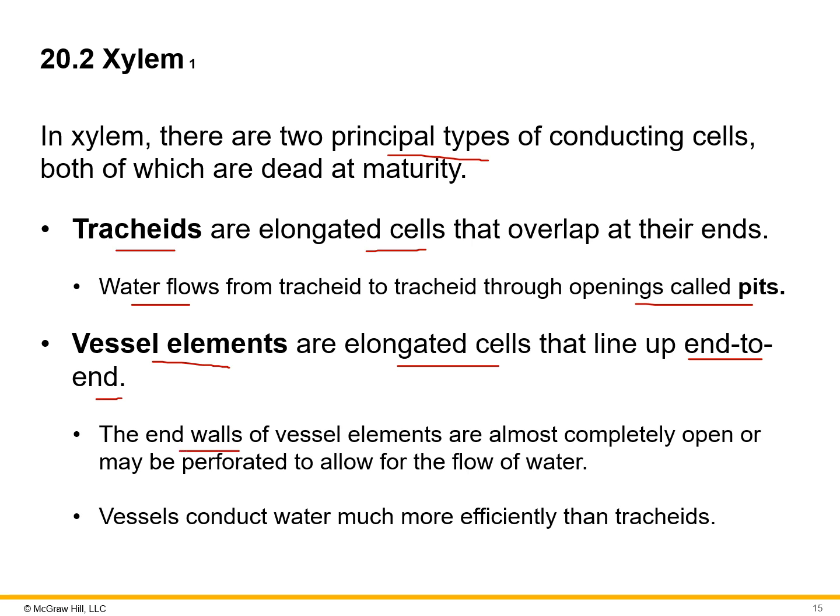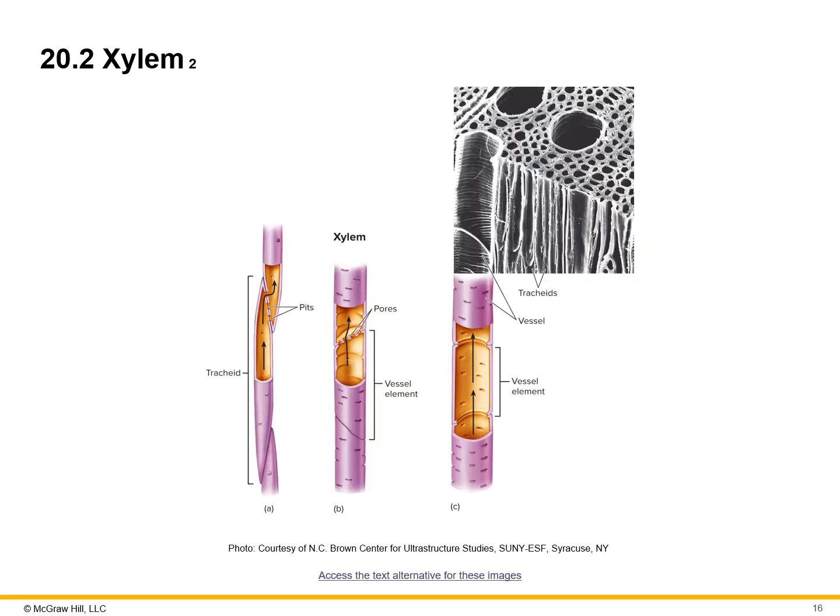And then the end walls are almost completely open, or maybe just a little perforated, and that allows water to flow from one to the other. So the vessels here that have these blunt end-to-end connections are much more efficient at conducting that water than the tracheids are. And this is just showing what these look like.